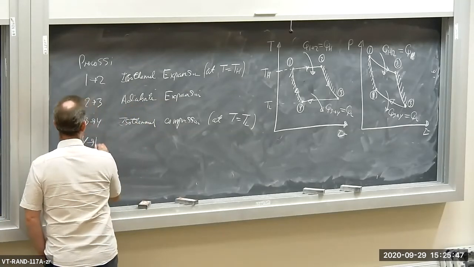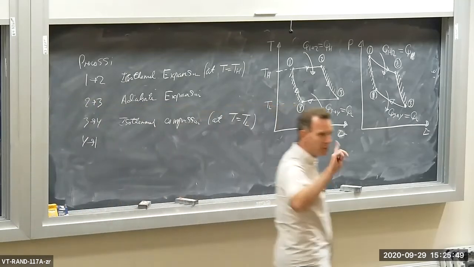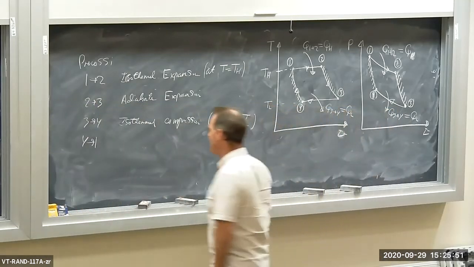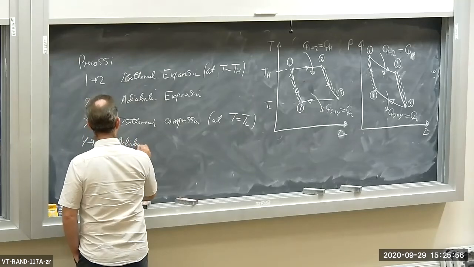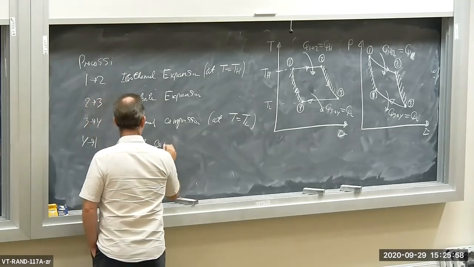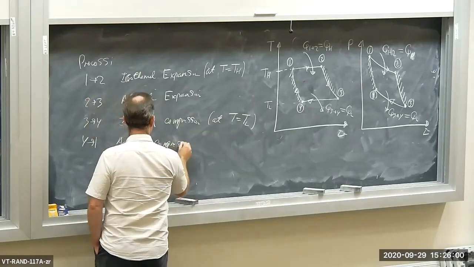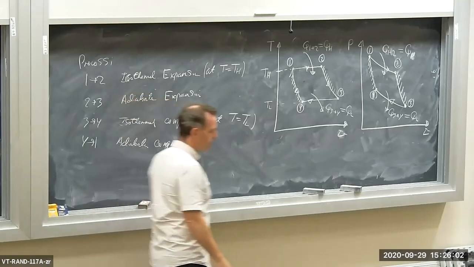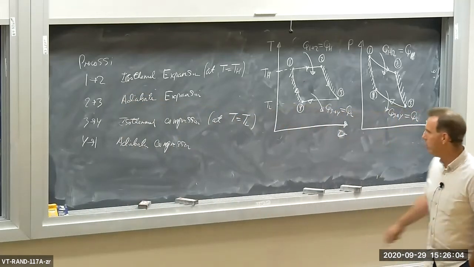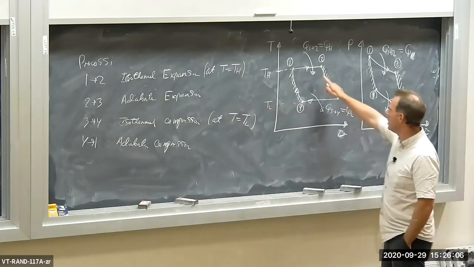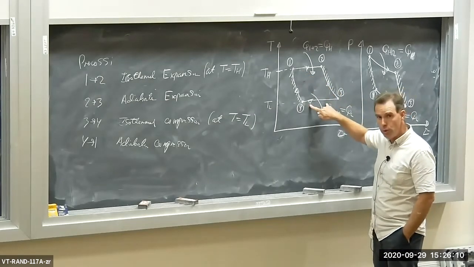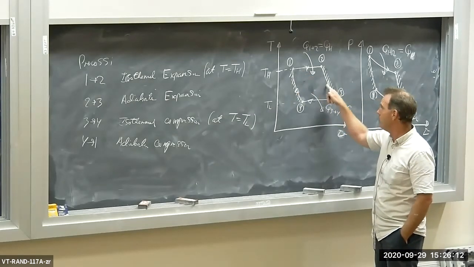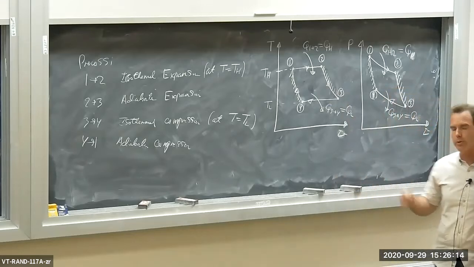And then to return to the original state, to complete the cycle, we have adiabatic compression back to the original state. So you can see these processes most clearly on the TV diagram, where you have 2 isothermal processes and 2 adiabatic processes to form the cycle.